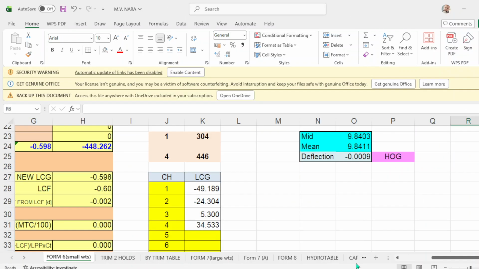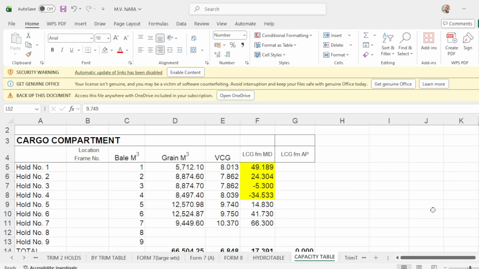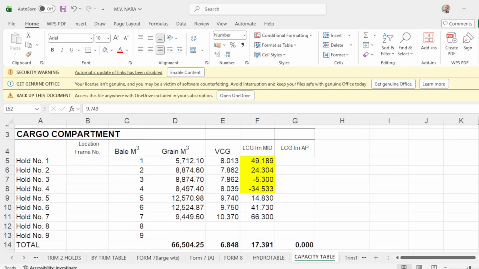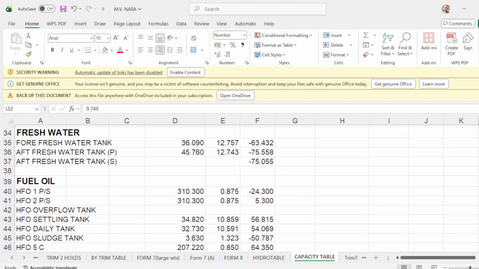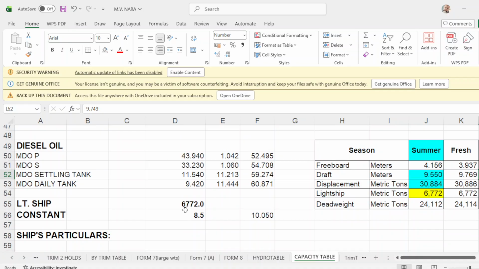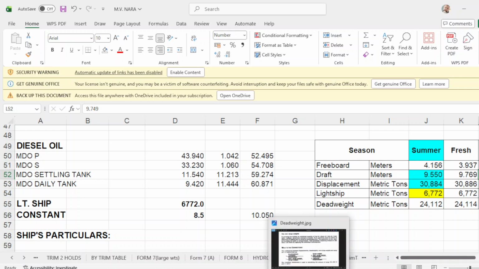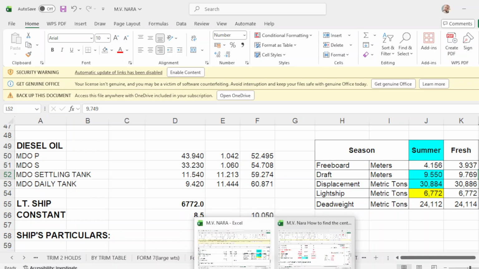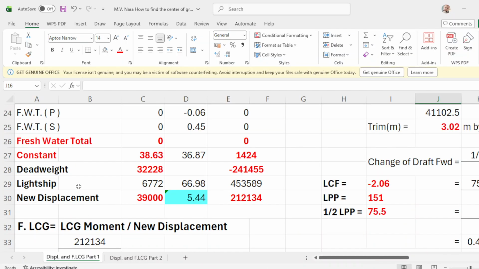You go to the ship's light ship, which is 6772. There you have 6772. Then you add this one.